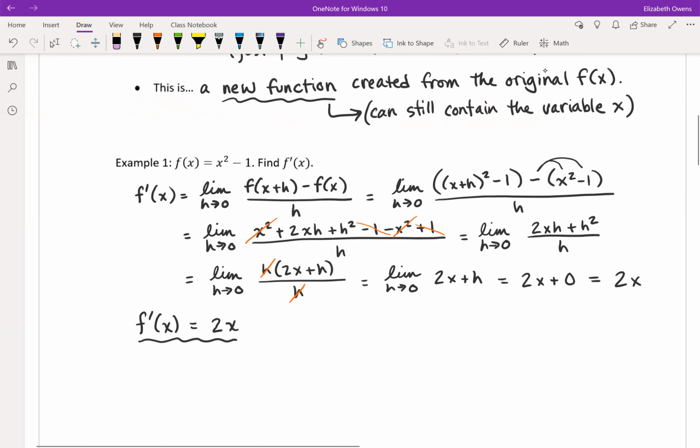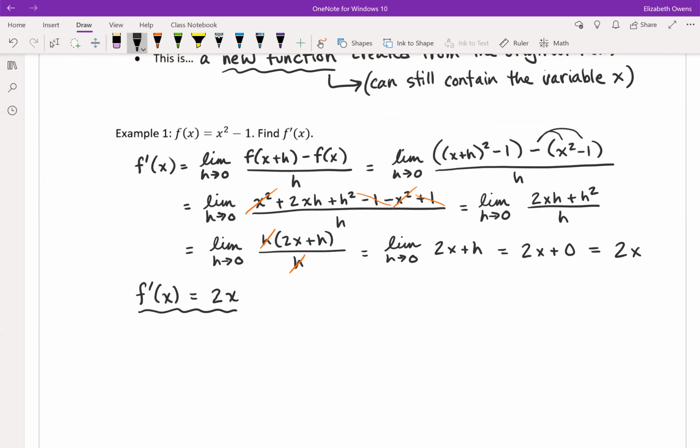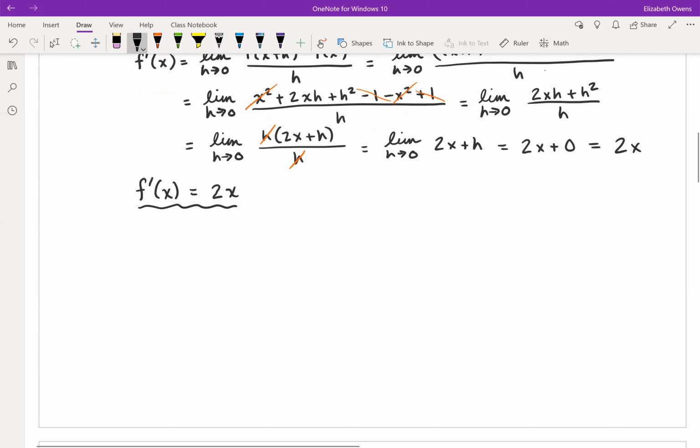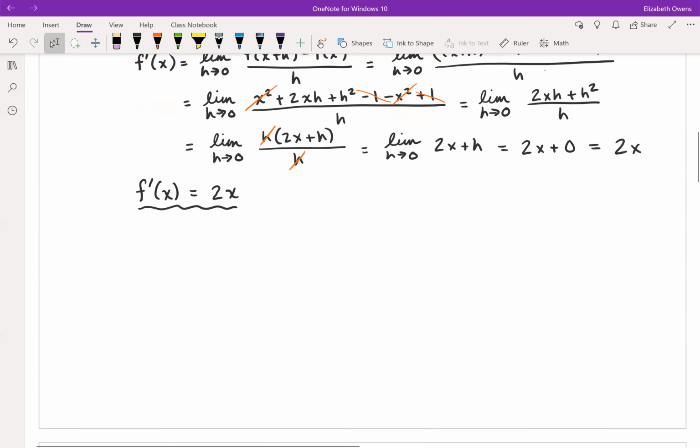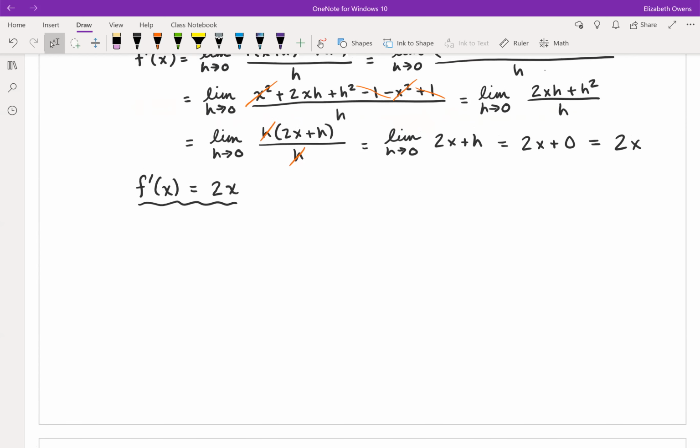And hold on, it's going to get faster yet in the next section. But for right now, this is what we're doing process-wise. But let's take a look at that by graphing the original function and then graphing the derivative function here.